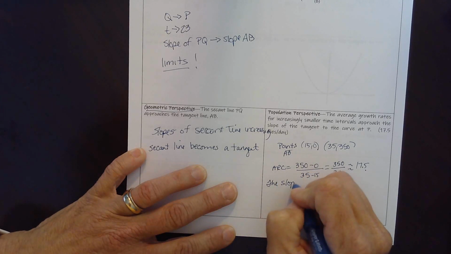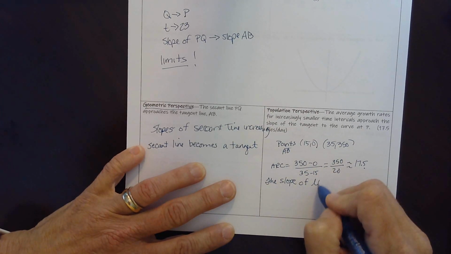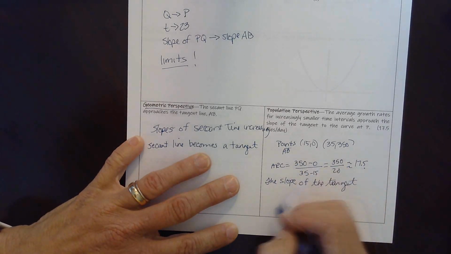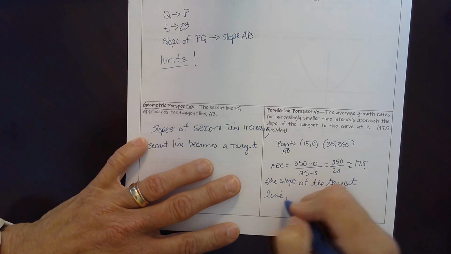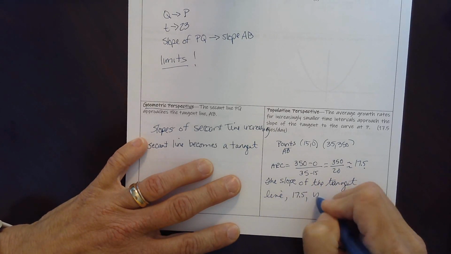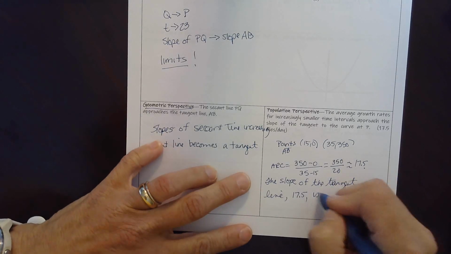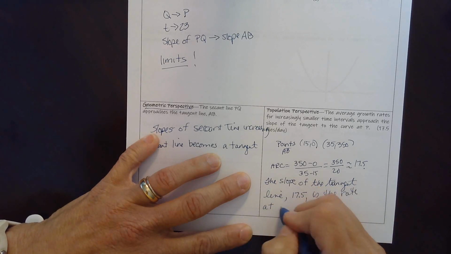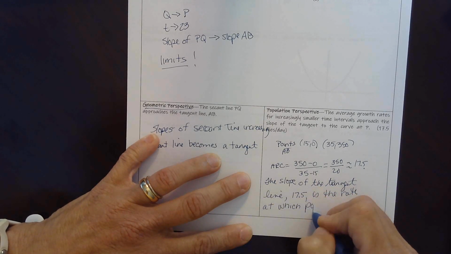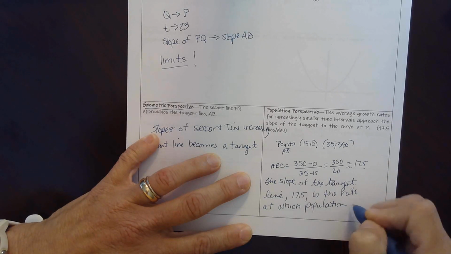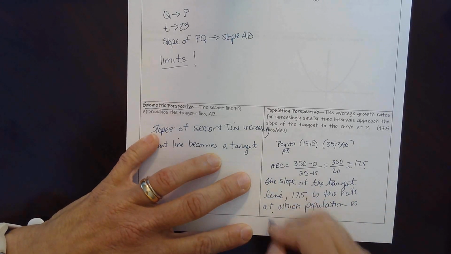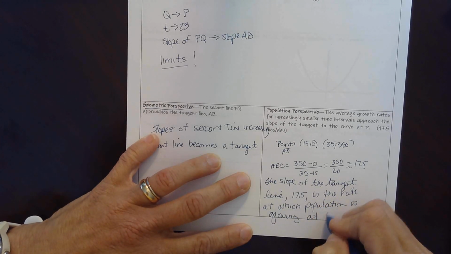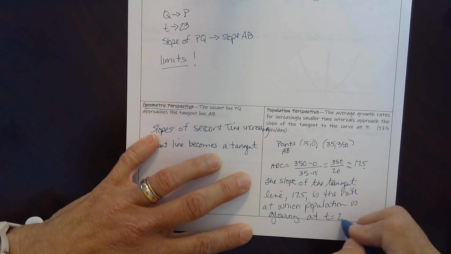The slope of the tangent line, which is 17.5, is the rate at which the population is changing or growing at day 23.